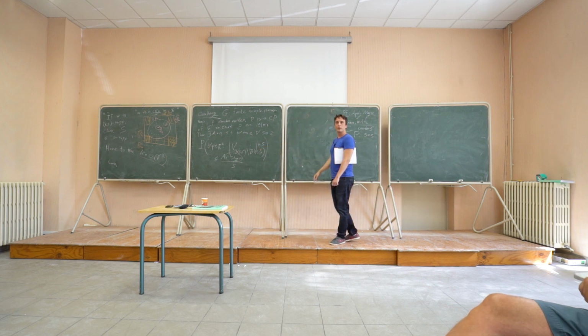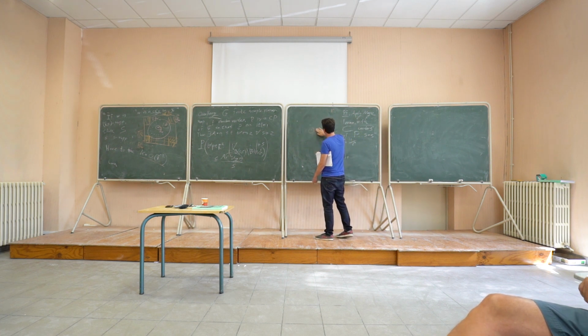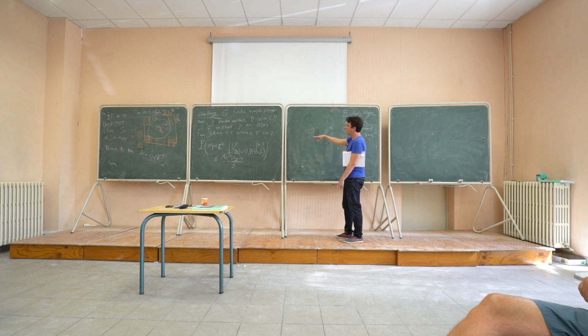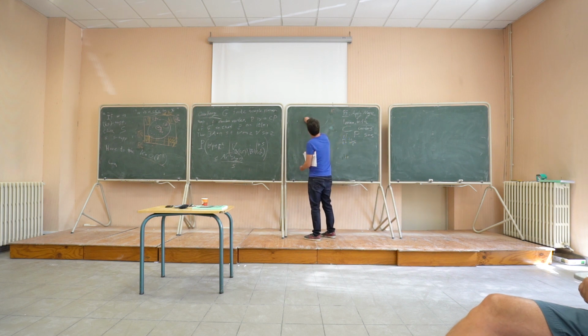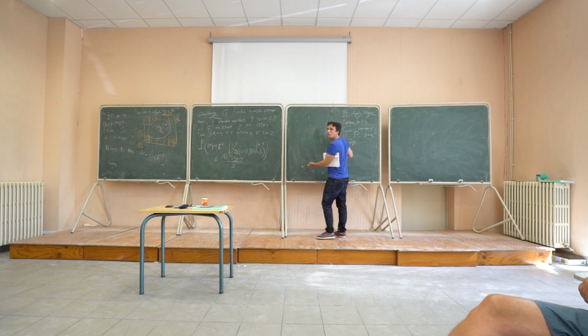So what would this event mean? Written in the positive way, it means that there exists a point such that if I remove all the circles that are in this point, the number of other points that I see cannot be bigger than S. So I do not see many points.